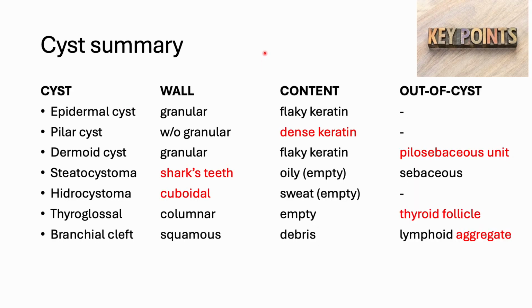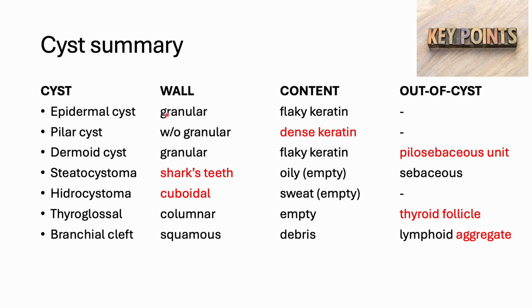Okay, so that concludes our portion on cysts. But it's better to put everything side by side so you have a better understanding and can organize your thoughts better. So here is a quick summary of the different skin cysts.